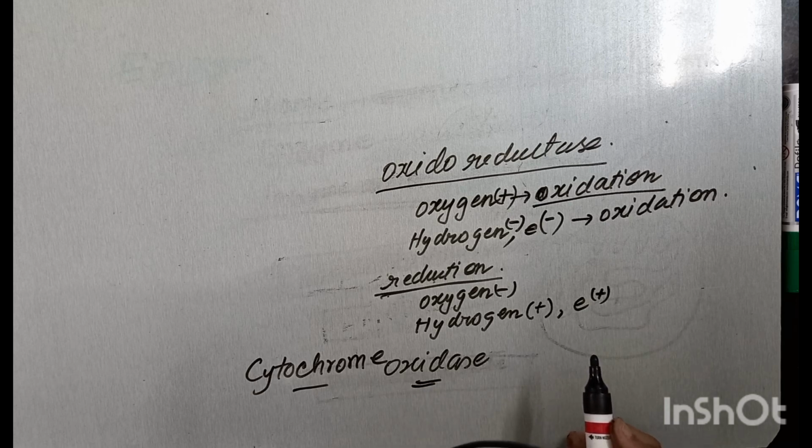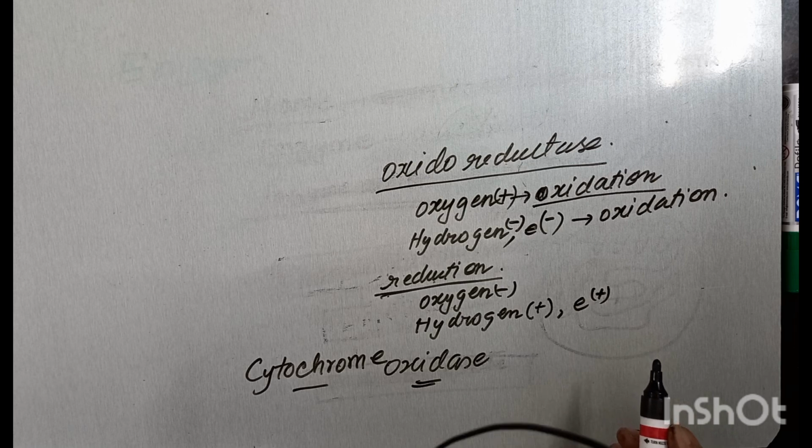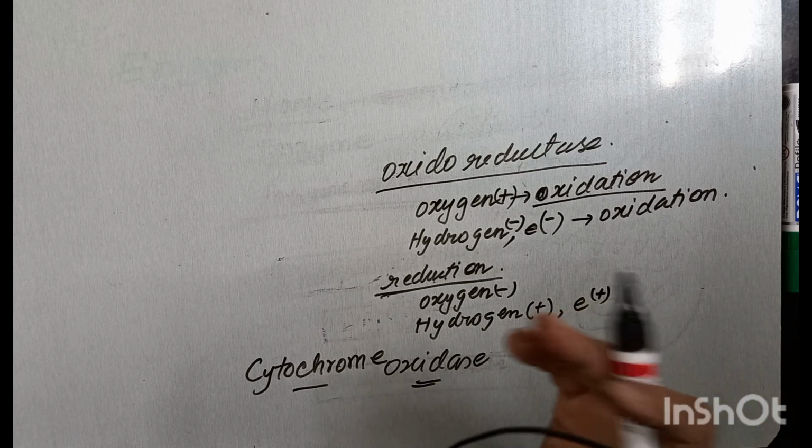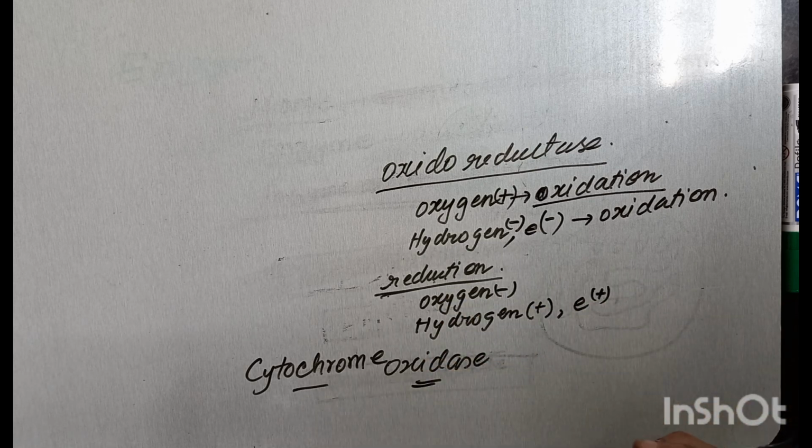So cytochrome oxidase oxidizes cytochrome C, meaning it removes hydrogen from cytochrome C and adds it somewhere else. And how do they do that removal of hydrogen? They take the help of a donor.